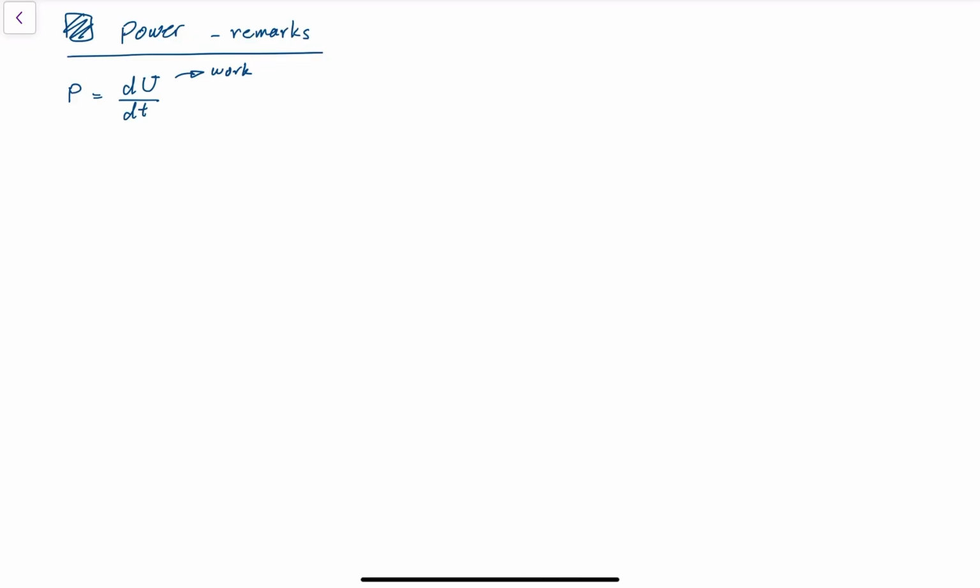First, let's do a bit of manipulation. You can immediately see that if you want to go the other way around, work from one point to another becomes the integral of p dt. Well, your power could be a function of time from one point to another, or let's call it t1 to t2.